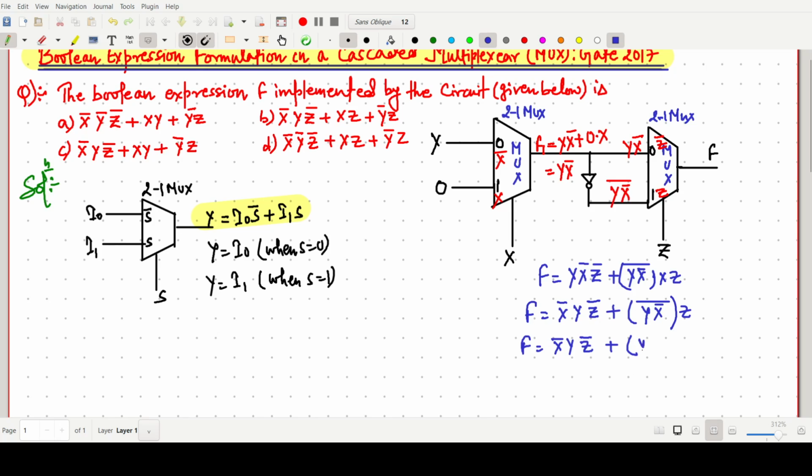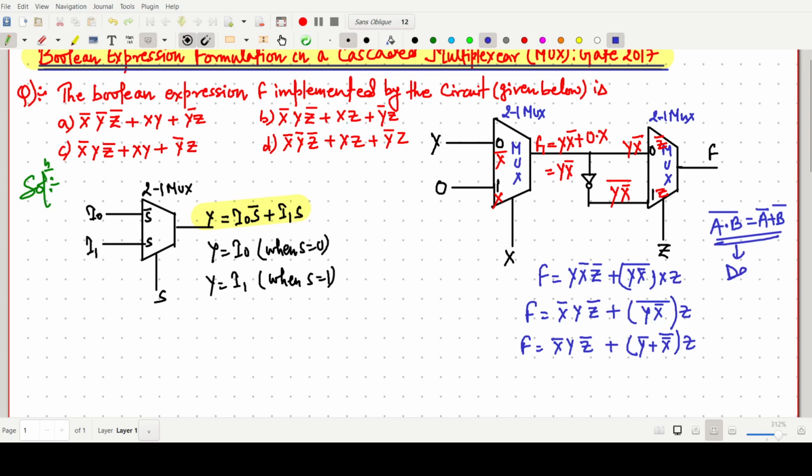So we can write y dash plus x bar whole bar into z. Suppose a dot b is this, then it should be a bar plus b bar: De Morgan's theorem.